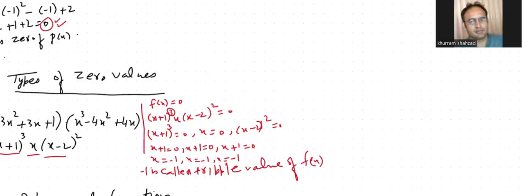Now, next, this is x is equal to 0. So x is equal to 0 is a single zero value of polynomial f of x.